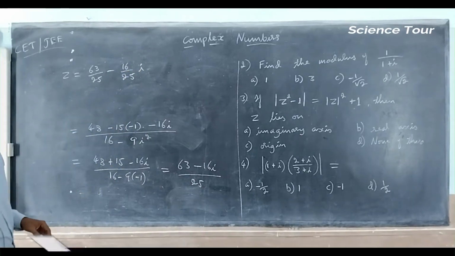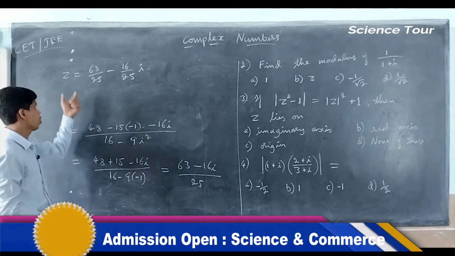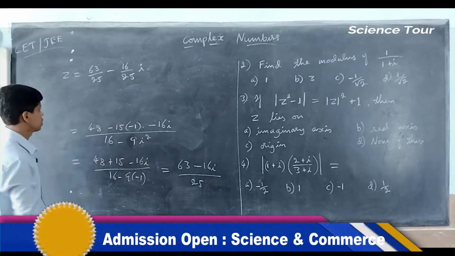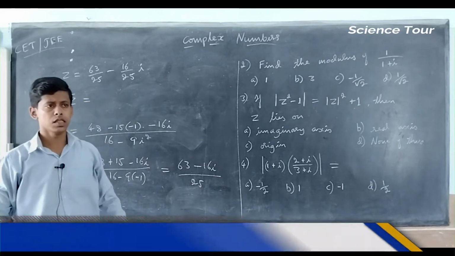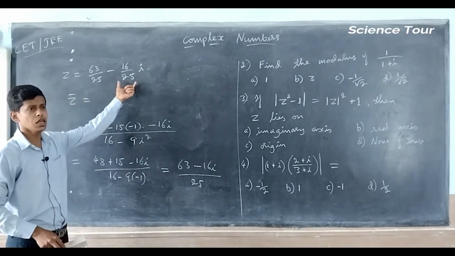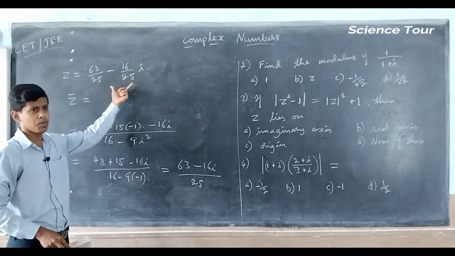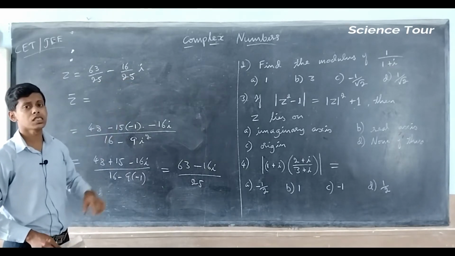Now you are asked to find the conjugate of this, right? So what is the conjugate z bar, and what happens in the conjugate? The imaginary sign changes, the imaginary part of the complex number changes its sign.